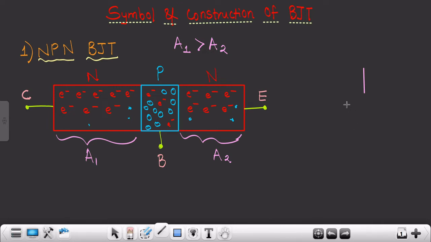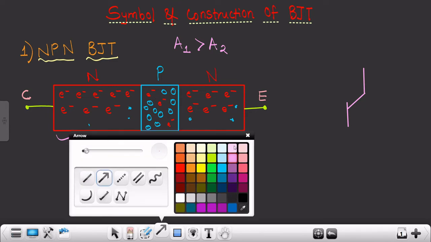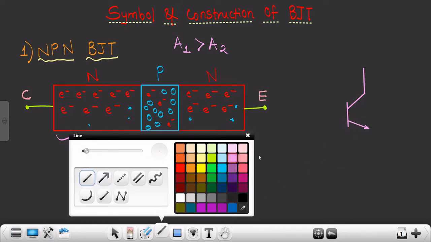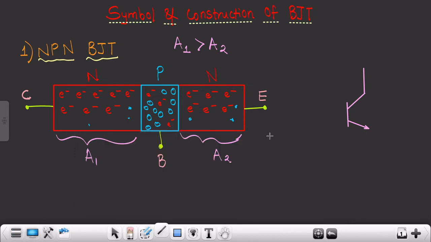Yeah, maybe something like this, and then over here, and then something like this. So this is how our NPN transistor is going to look like.